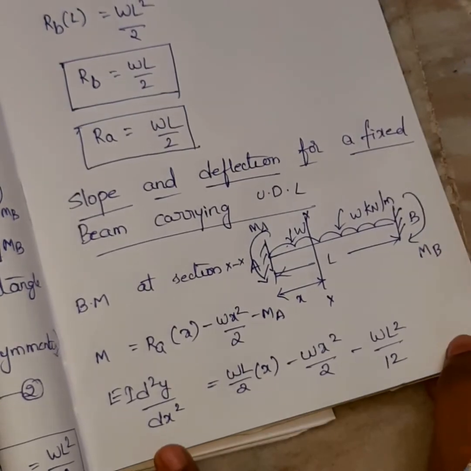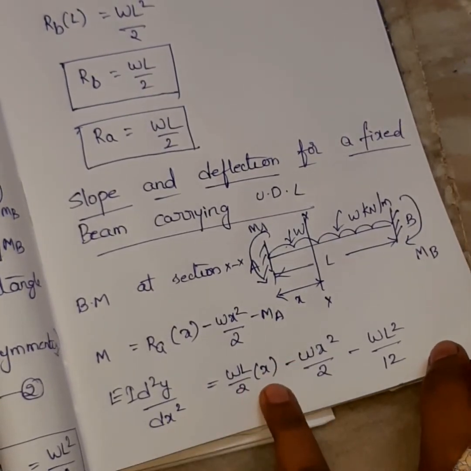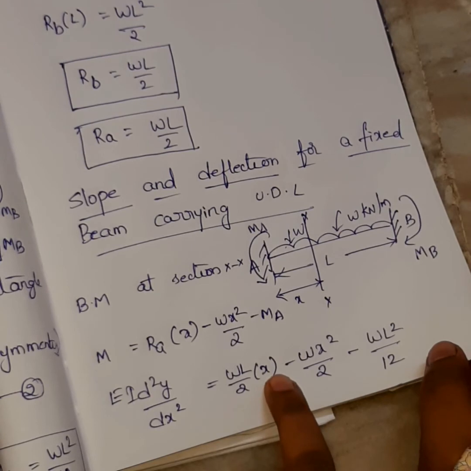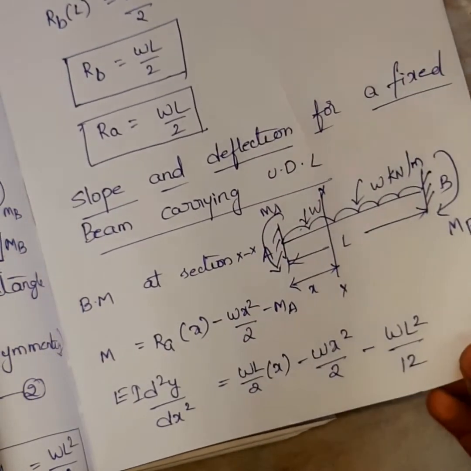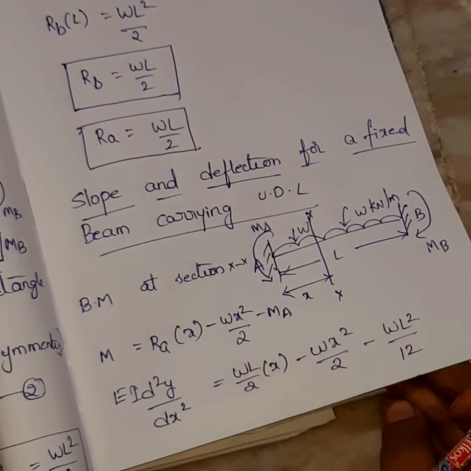EI d square y by dx square with respect to x means EI dy by dx. x square by 2, x square is x cube by 3. I think everyone knows the integral of x power n is x power n plus 1 by n plus 1. Same method. X cube by 3, here constant. So constant integral is x, plus we have integrated first equation, plus c1 we should keep.